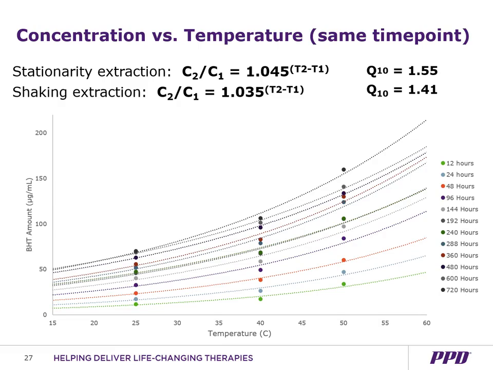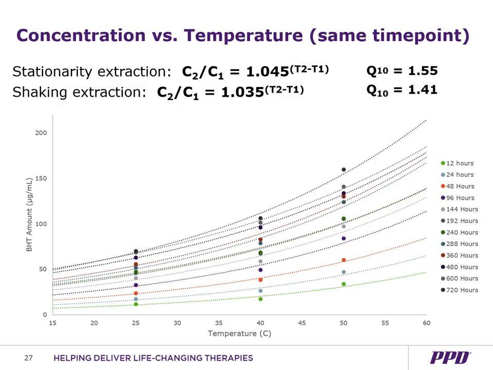We were then able to use the equations generated by each curve to generate a concentration equation shown at the top, where a projected concentration, or C2, over a known concentration, or C1, equals a constant raised to the difference in temperature. For the stationary results, our constant was calculated to be 1.045, and for shaking, we got 1.035.